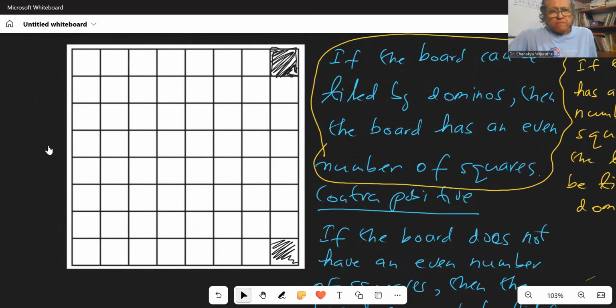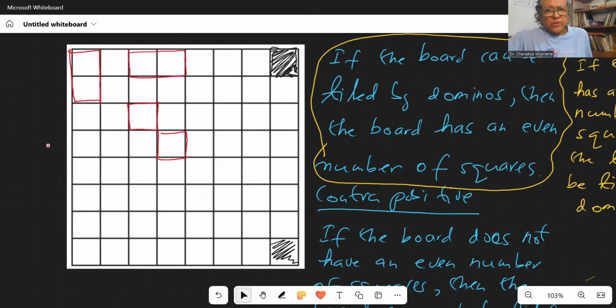So we can think of a board consisting of just two squares. If it is like this, of course, it can be tiled by a domino, just one domino. And if it's like this, yes, it can be tiled by dominoes. But if the board is like this, then it is still a board consisting of two squares, but it cannot be tiled by dominoes.